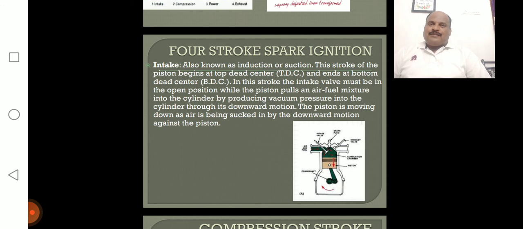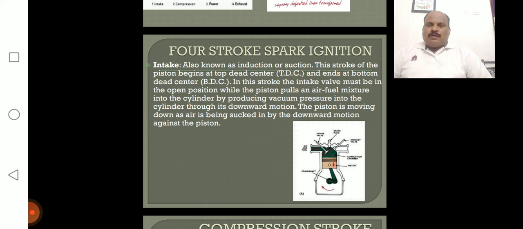And fourth point: when the intake valve is open and the piston is moving from TDC to BDC, that time it's sucking petrol and air mixture inside the cylinder, and the piston comes to BDC and the stroke is completed. This is the first stroke in 4-stroke spark ignition. Its name is the intake stroke.